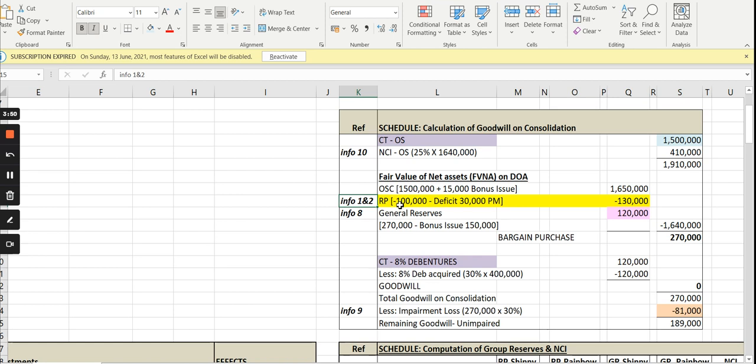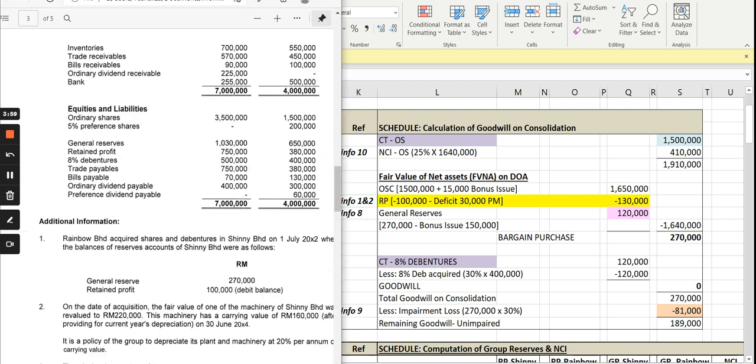Here, the loss on the date of acquisition is a 100,000 debit balance, so it means the loss will now be even more: 130,000. This is a retained loss after adding the deficit on the date of acquisition for adjustment number 2.